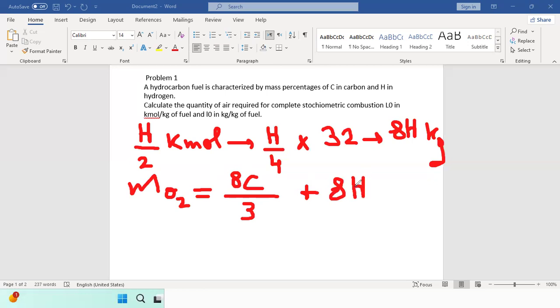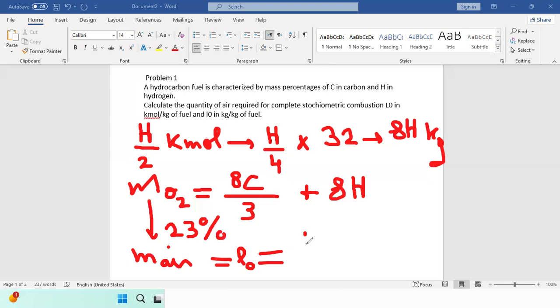Now, if you did the analysis in mass of O2 required, we know that O2 constitutes 23% of the percentage in mass of air. So we can deduce that the mass of air required per kilogram of fuel, which is L0, is equal to 1 over 0.23 times 8C over 3 plus 8H.